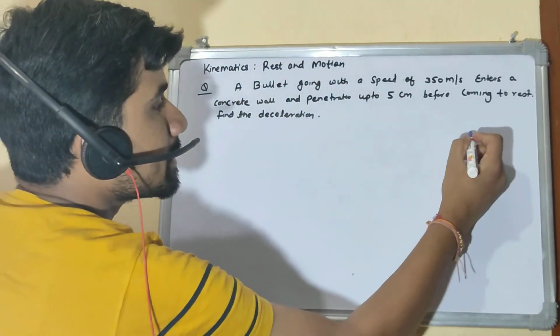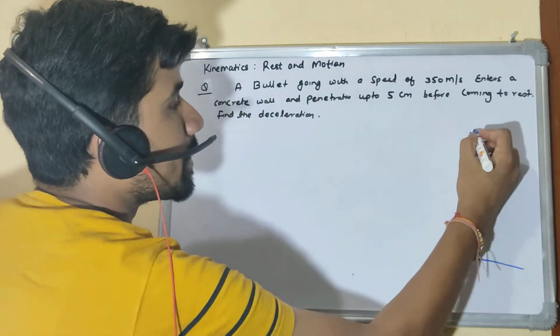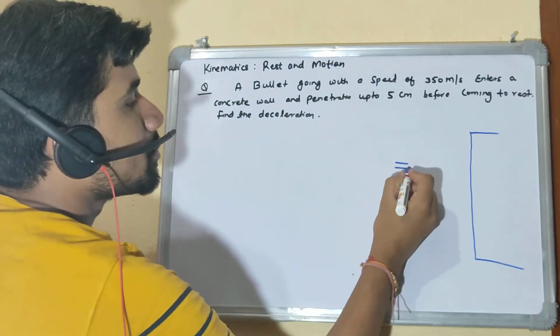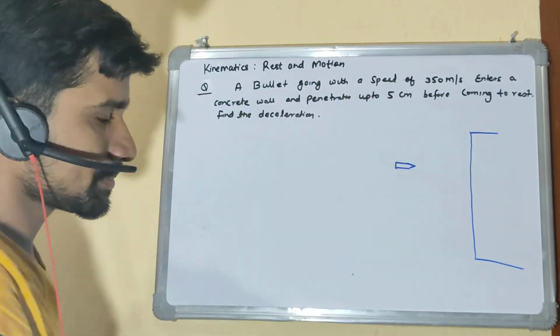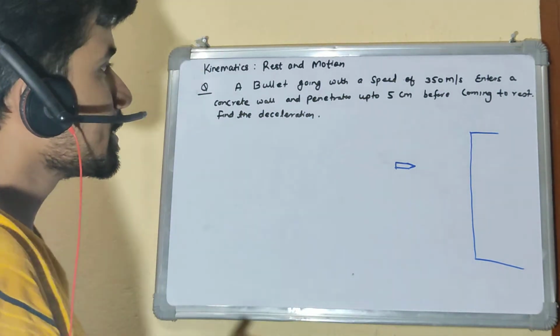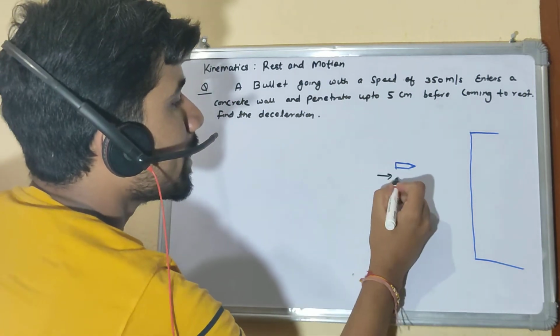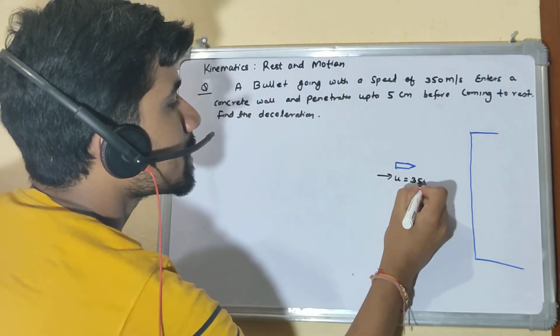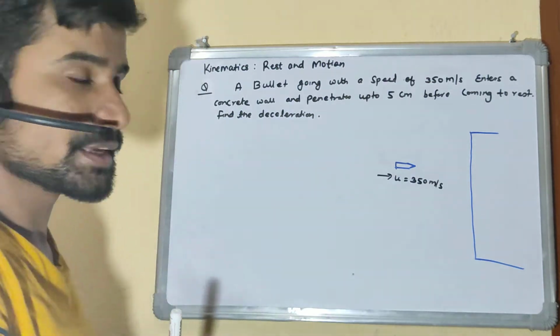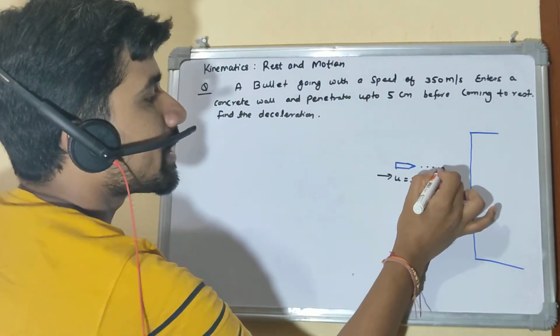So let's say this is a wall, right? And let's say this is a bullet. This bullet has initial velocity u of 350 meter per second, right? So this is its motion trajectory.